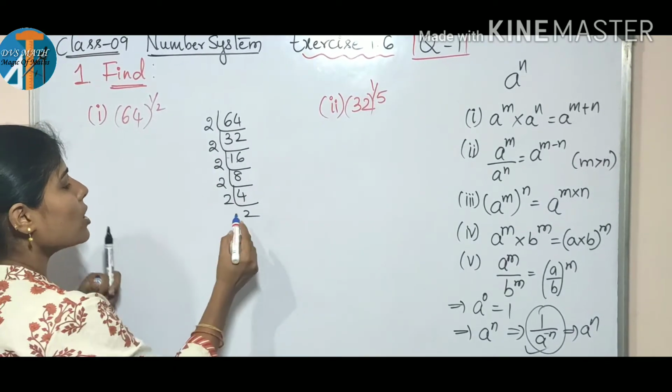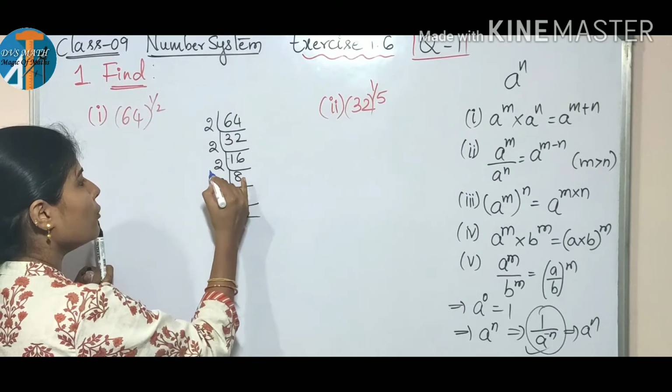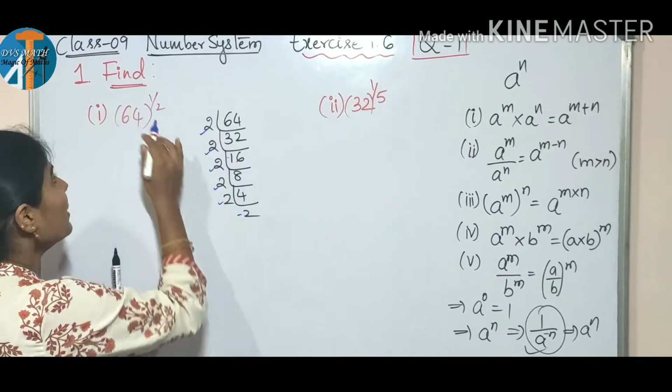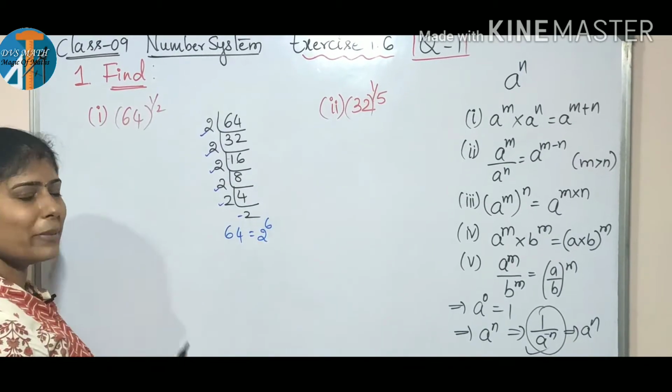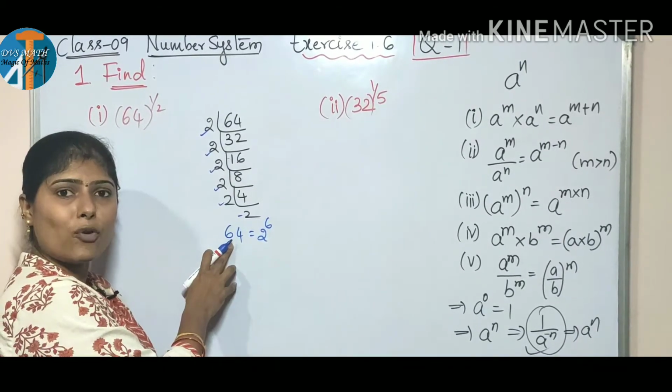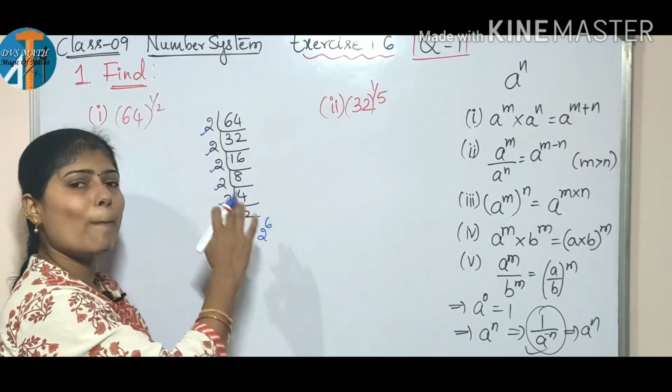How many 2s did we get? 1, 2, 3, 4, 5, 6. That means 64 can be written as 2 power 6. We can express 64 in terms of an exponent, that is, 2 power 6.